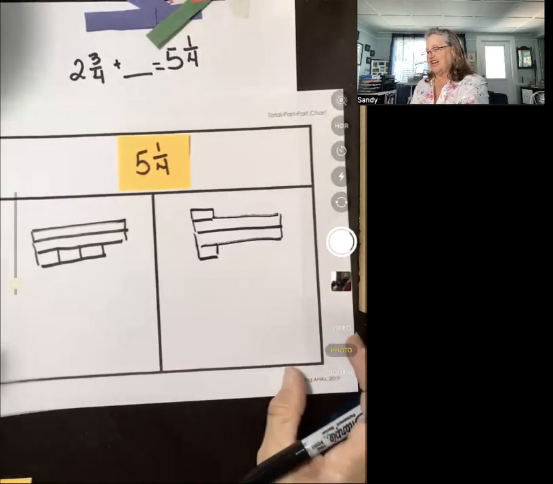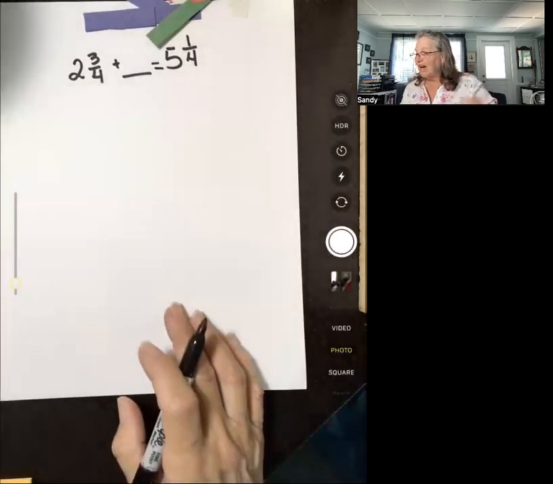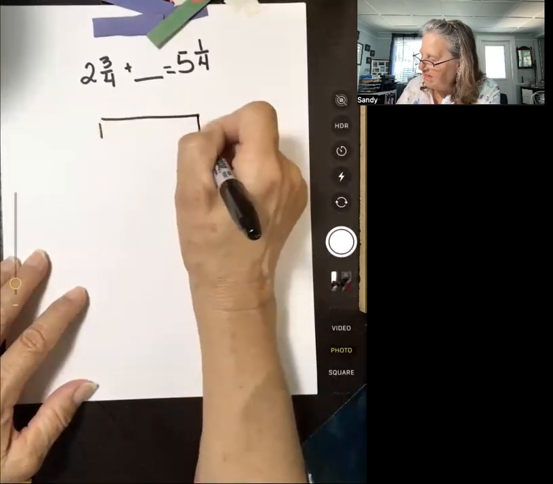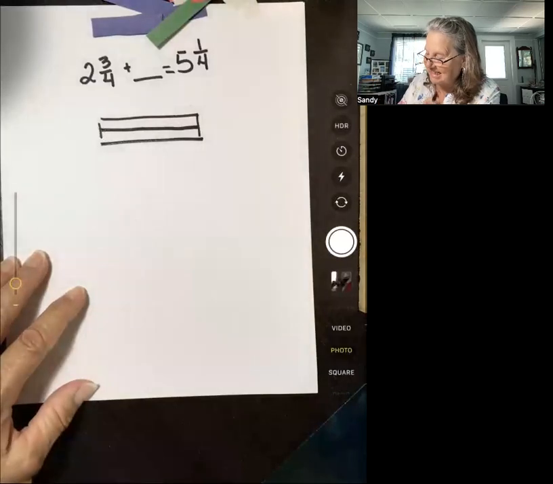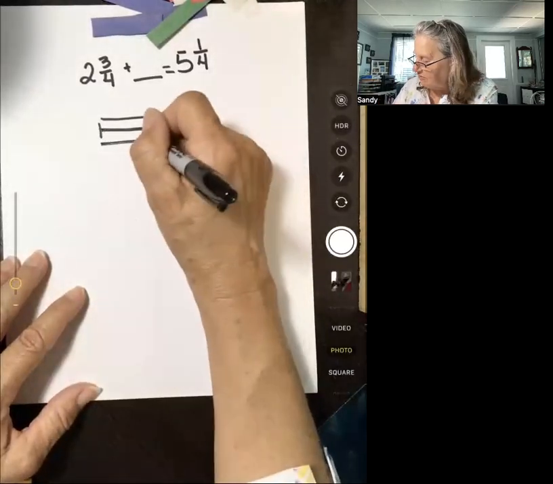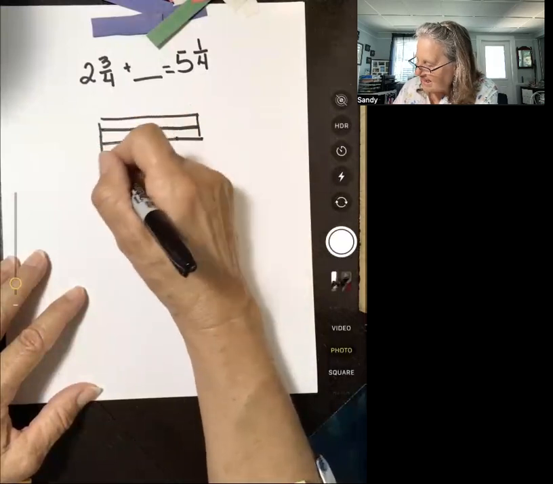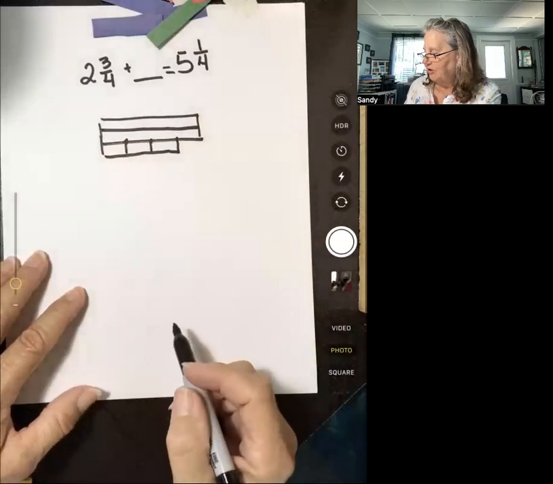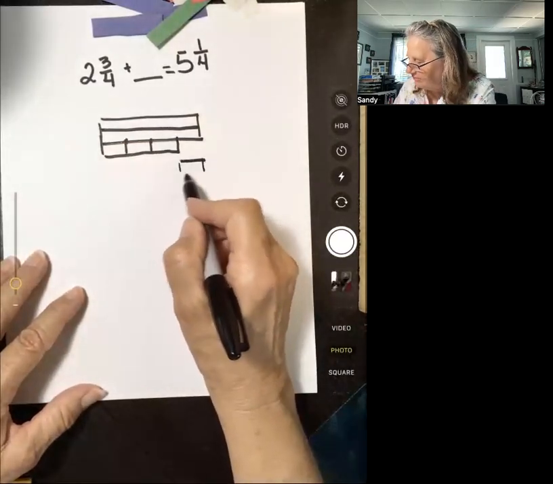Now I started to draw it, and let's just draw it where we're not confused with this model perhaps. Let's start here. You may see your child seeing some models instead of side by side like that one, which for some of your children works well. For others, they can't see how the pieces fit together. Here's my 2 3/4. Well, what can I do? There's the 1/4 piece.